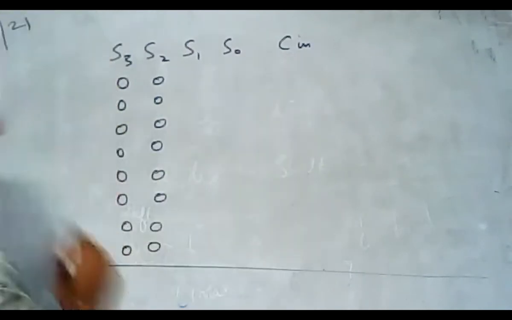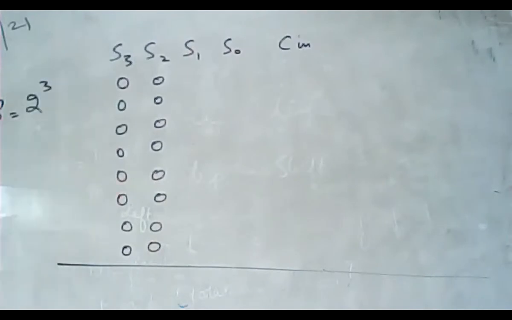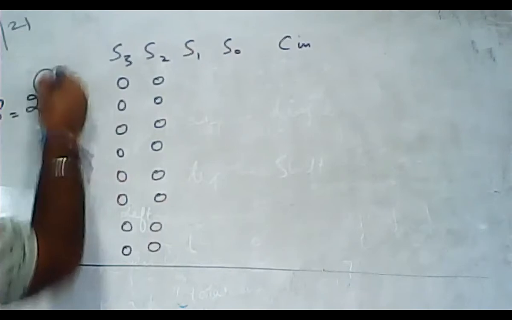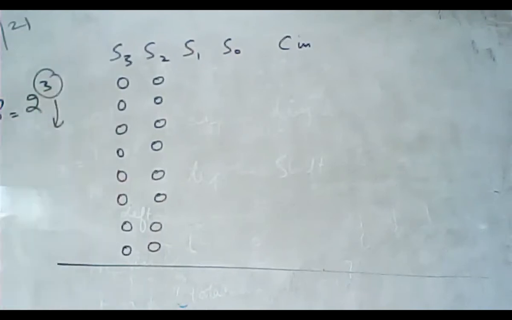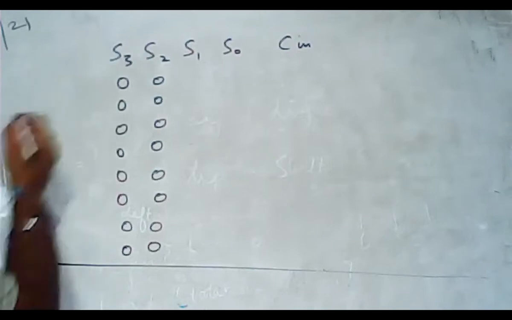How many arithmetic operations are there? 8. 8 can be written as 2 raised to power 3, which means you have to use 3 inputs for it.